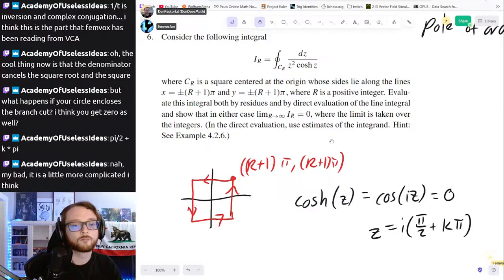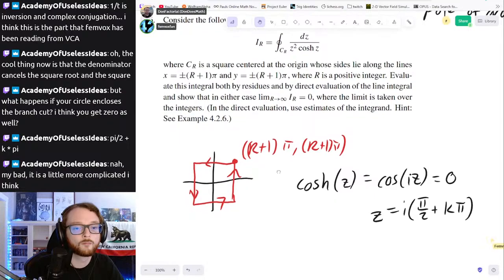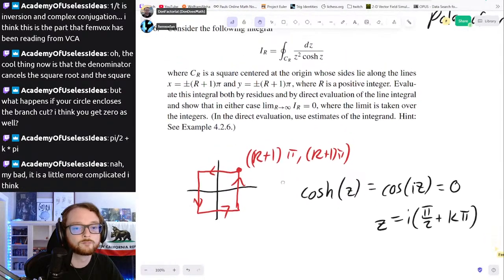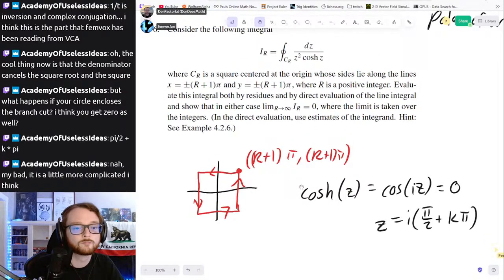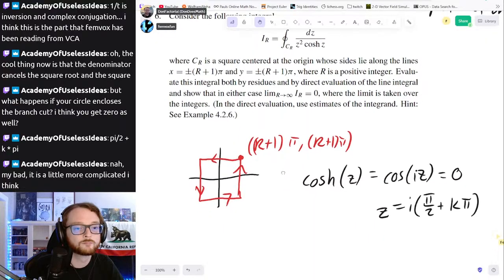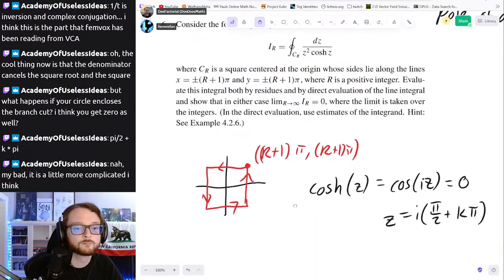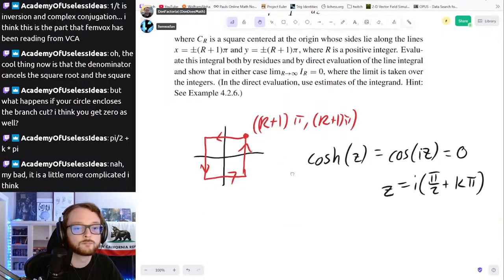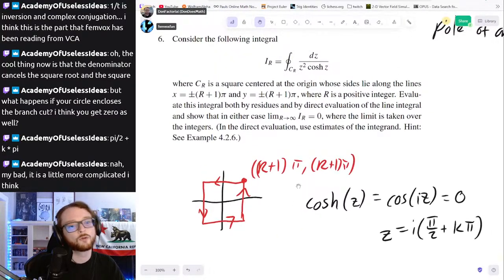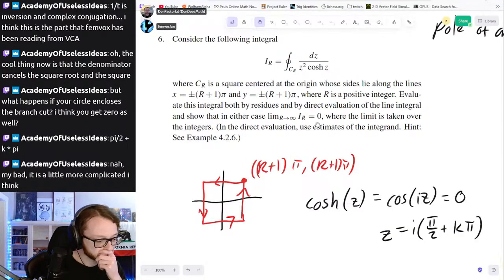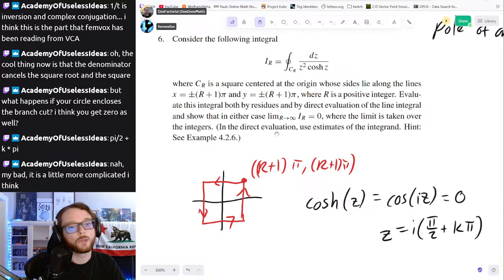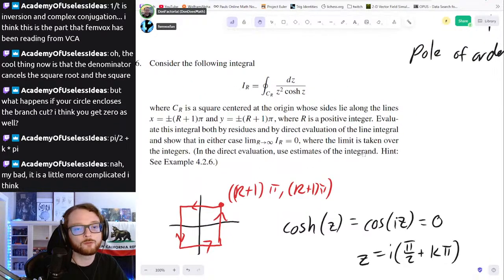So now, let's see. Are we going to have to use that residue formula? We can definitely use it for the z squared piece.